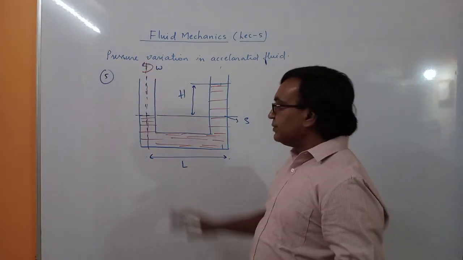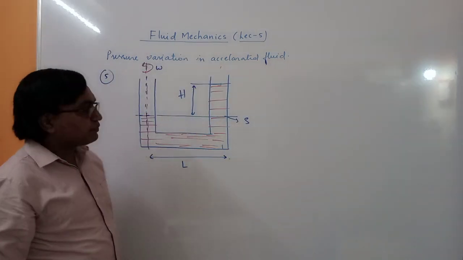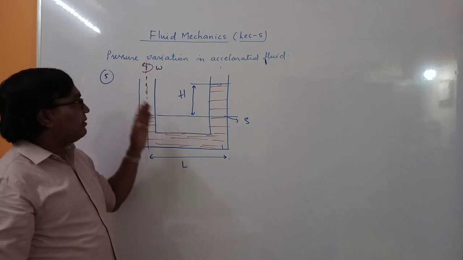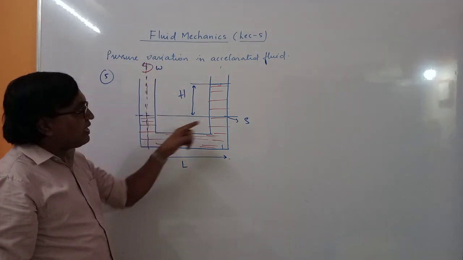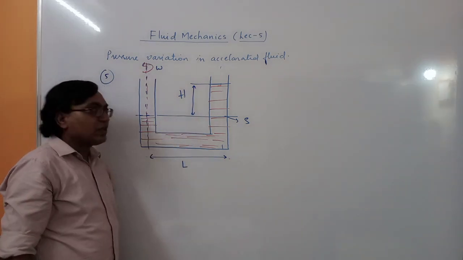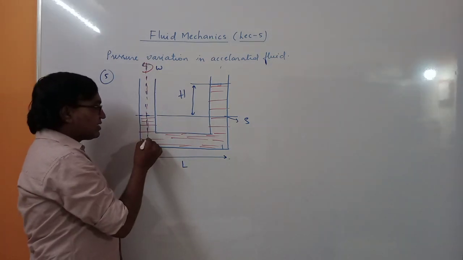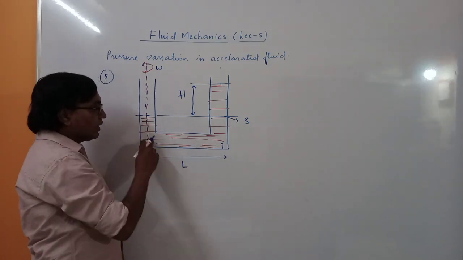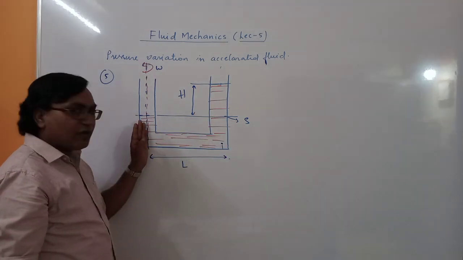You have a U-tube filled with fluid of density rho, and it is rotated about one of its limbs with an angular velocity omega. Then definitely there will be a difference in height of the fluid in the two limbs. So we have to find the difference in height. From the axis the pressure will go on increasing as you go from this side to this side.